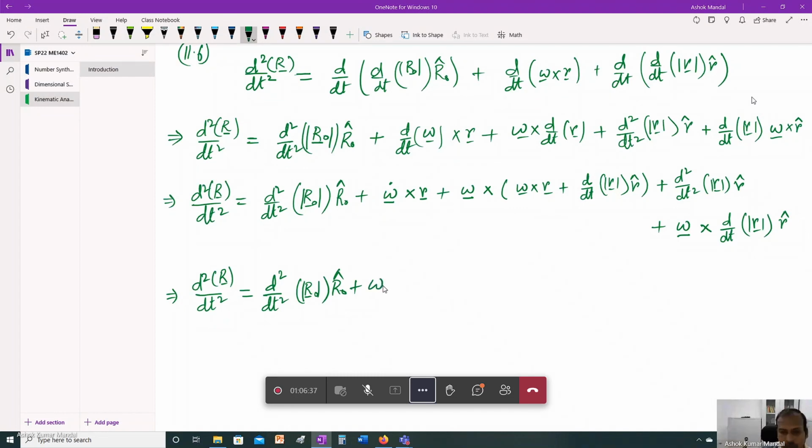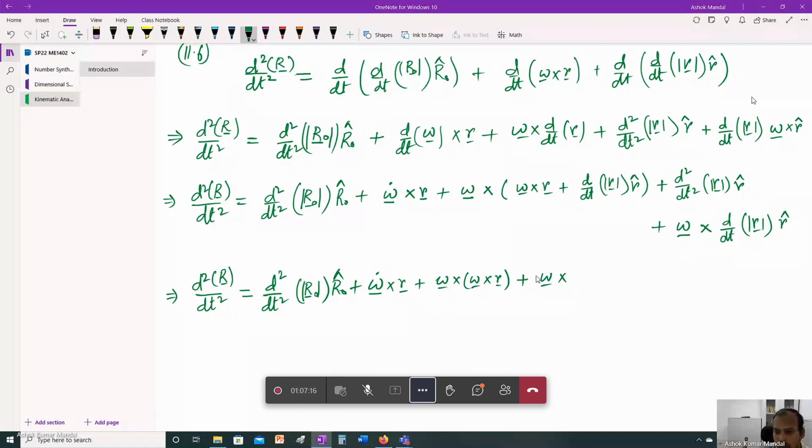Okay, now this first quantity is omega dot cross r, plus this quantity is omega cross r, plus this quantity is omega cross d/dt of this into r. The same quantity is here also, right?